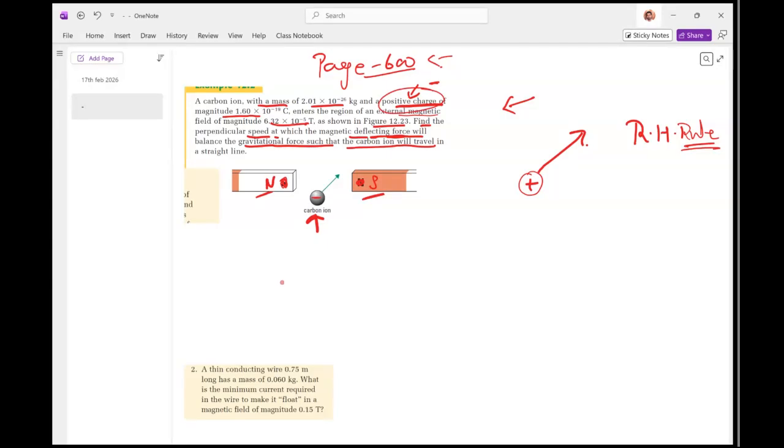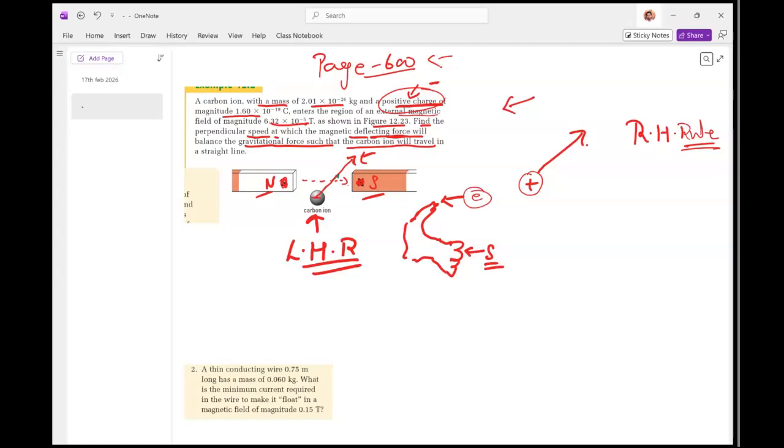So this is moving through this external magnetic field. If I use the left hand rule, and I put my thumb in the direction of the flow of negative charge, then the tip of the fingers should point towards the south pole, and the thumb will point in the direction in which the electron or the charge is flowing.